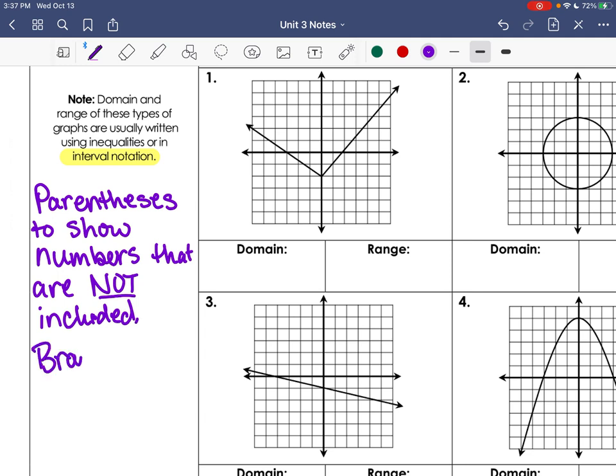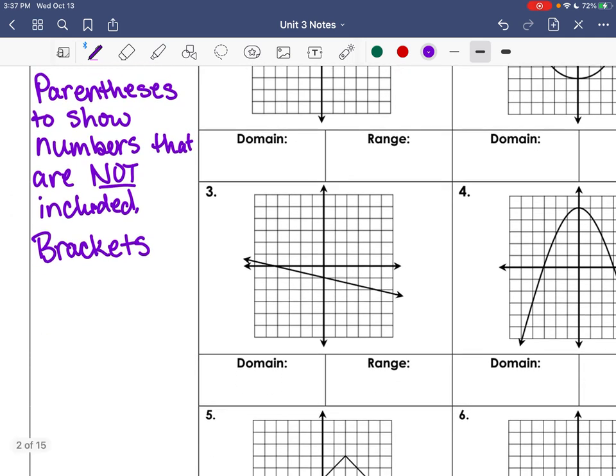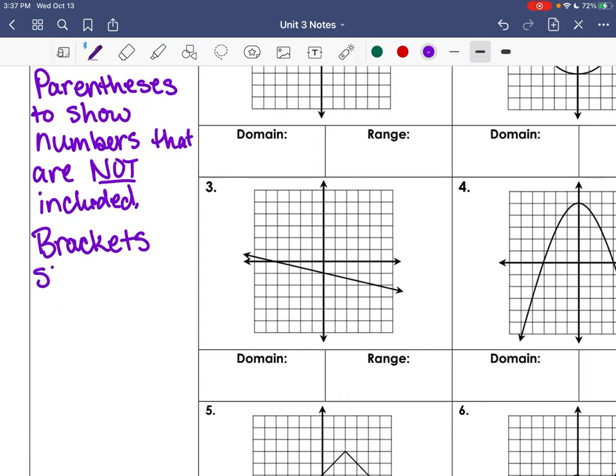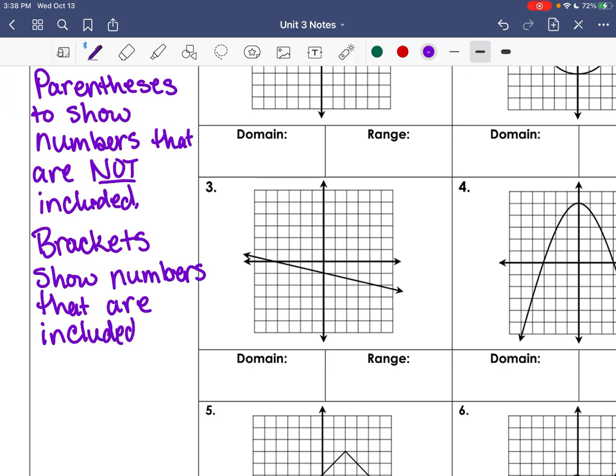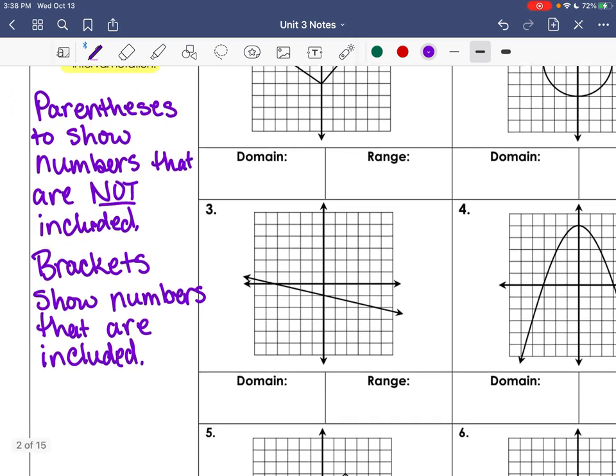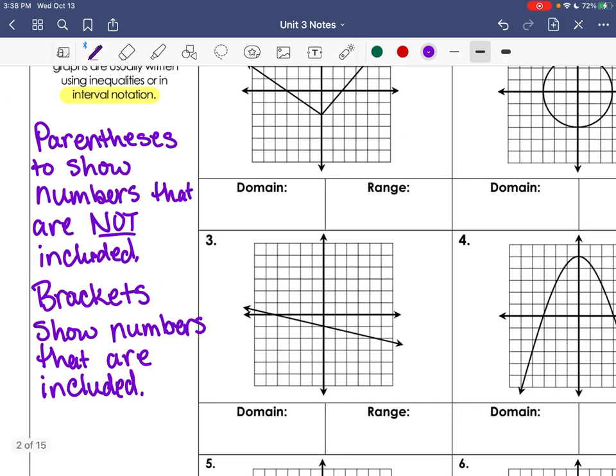And then brackets show numbers that are included. So as we do some of these, that will be clear when we use a parenthesis and when we use a bracket. And they can mix and match. You can have some parentheses, some brackets, one of each.